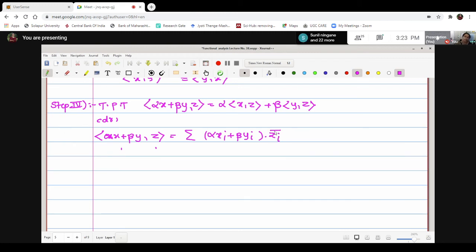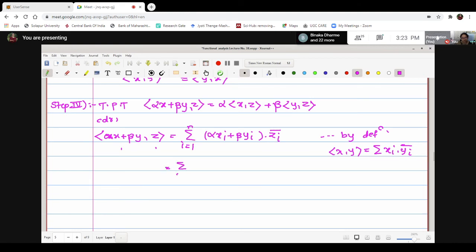This is what the definition says. Remember, the inner product of x with y is the summation of the ith coordinate of the first vector into the conjugate of the ith coordinate of the second vector. This is what we have done here. No doubt, i is running from 1 to n.